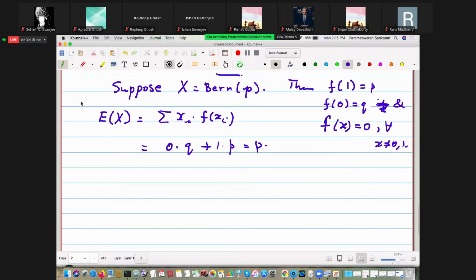Another way of doing the same example, which is also sometimes useful. Suppose that X is actually equal to 1_A, where A is an event.